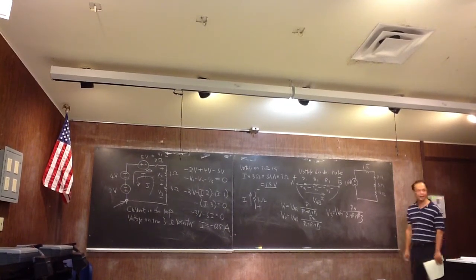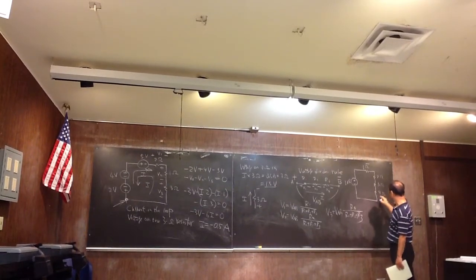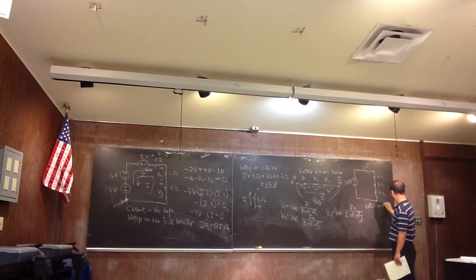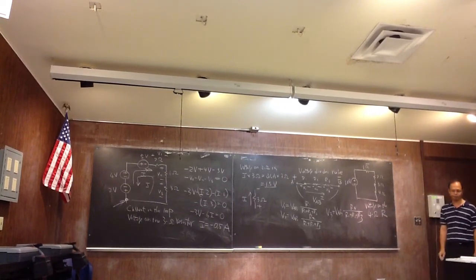And let's say you want to find the voltage on the 4 ohm resistor.